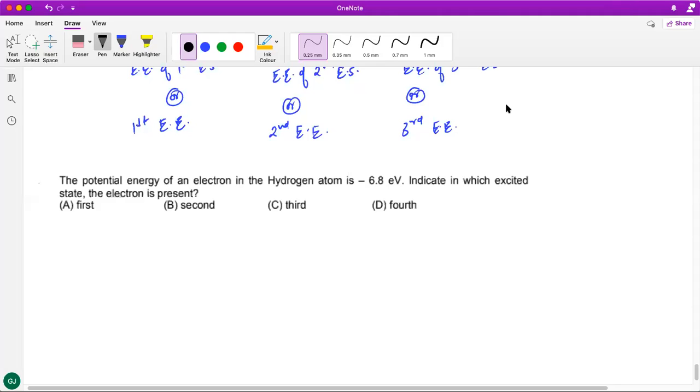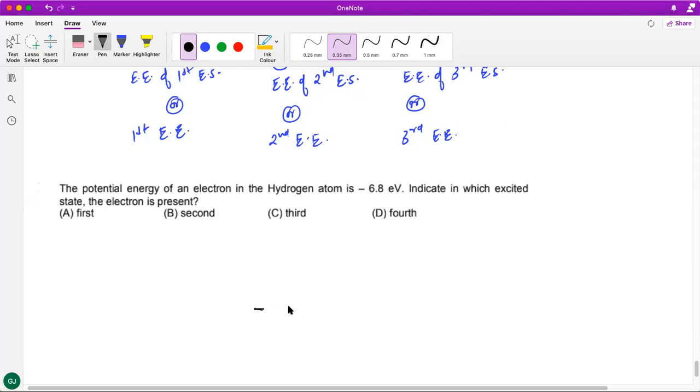We will be going into the details of these energy levels, and what we will understand is that the energy levels Bohr's model gave us are at a higher level.